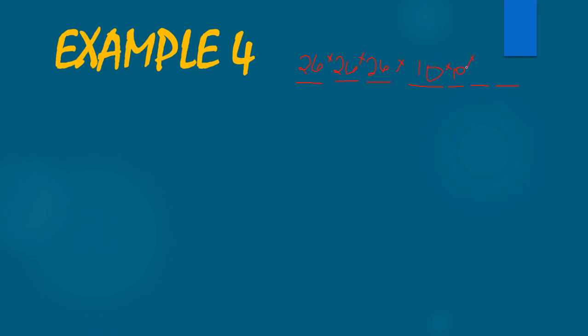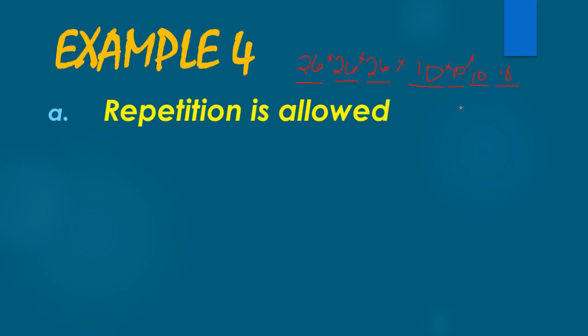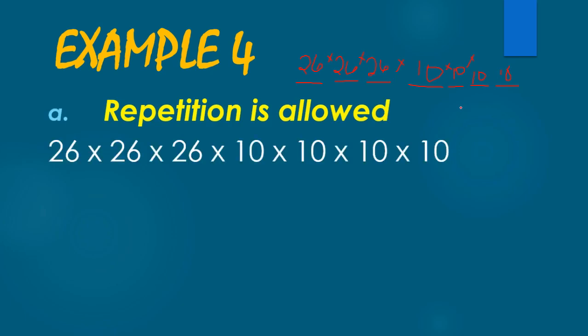The rule only says the repetition of letters can be allowed. With regards to the numbers, there is no rule, so that means we can allow it. Therefore, if repetition of letters is allowed, we have 26 times 26 times 26 times 10 times 10 times 10 times 10. That is equal to 175,760,000.